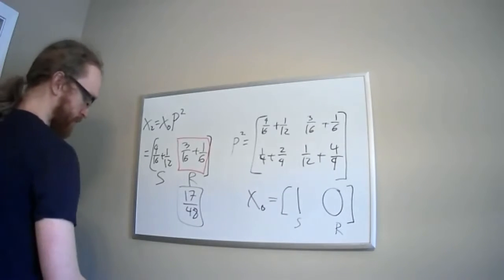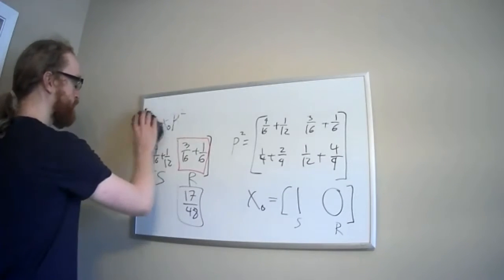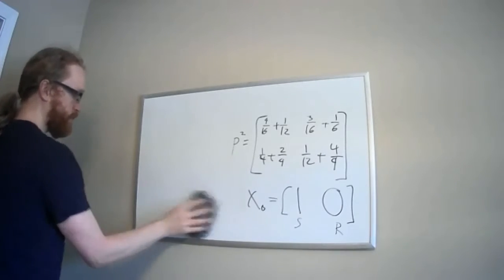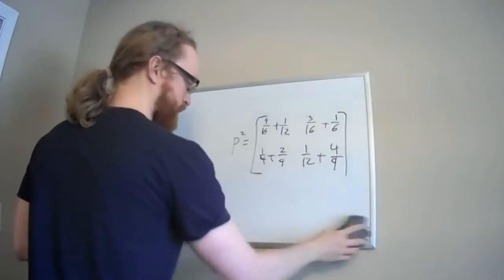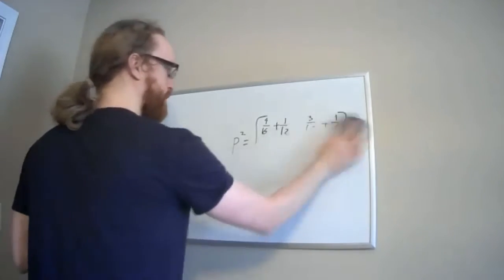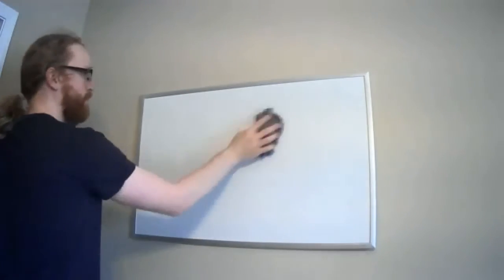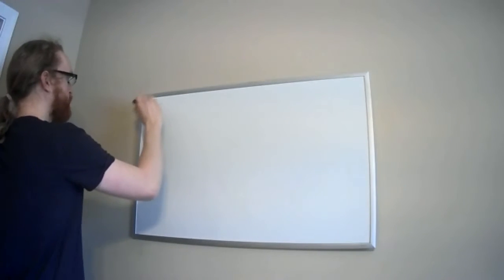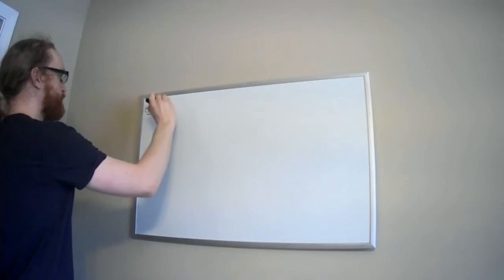Cool. Let's do another example, just so we get comfortable using this language of state vectors and probability vectors. This one will be more abstract in the sense that we won't have a weather example.